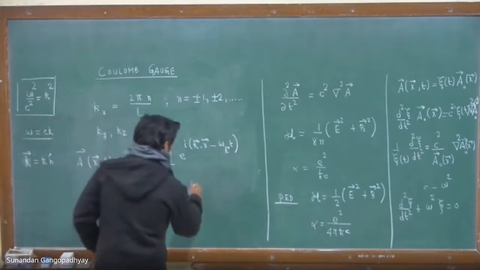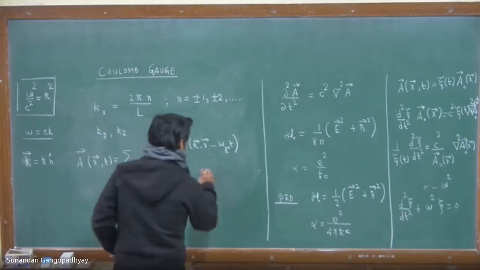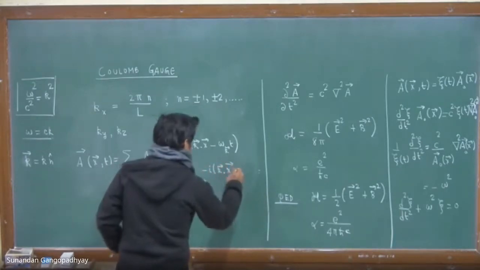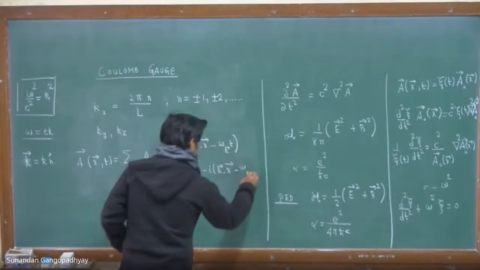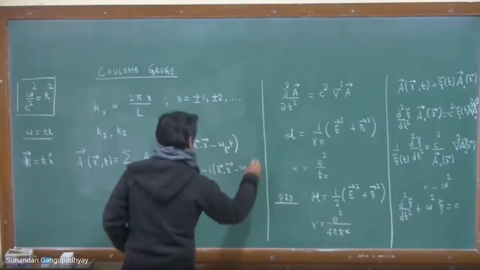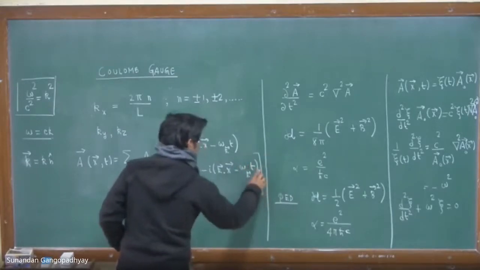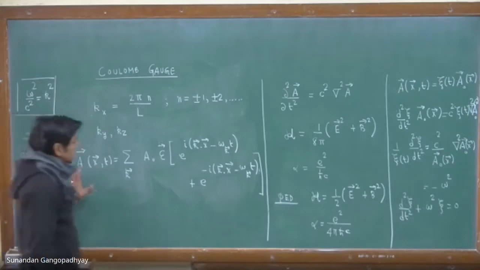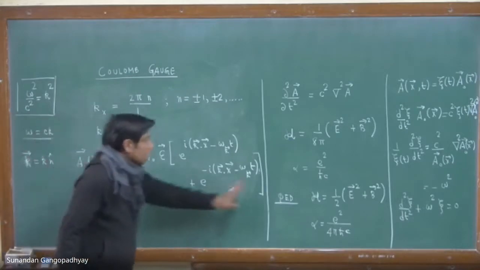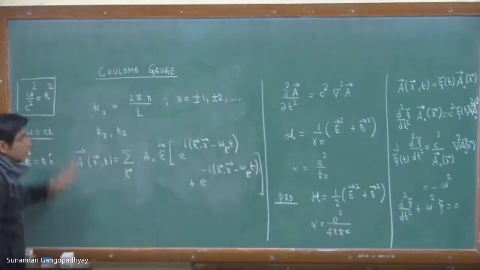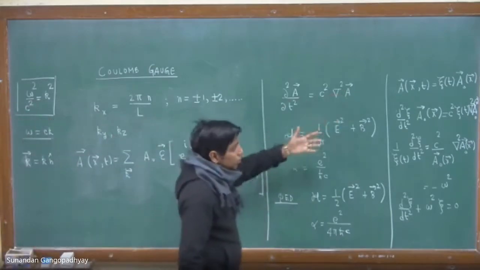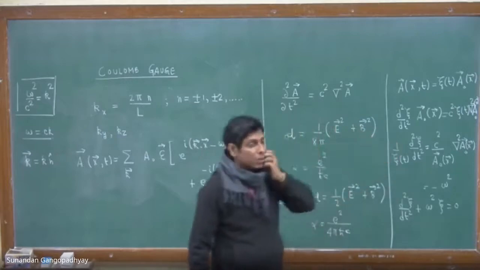Plus e to the power of minus i k dot x minus omega k t. This is what we have. So you can see that A vector is a solution of this form. Since this is a linear differential equation, what we have done is apply the principle of superposition.